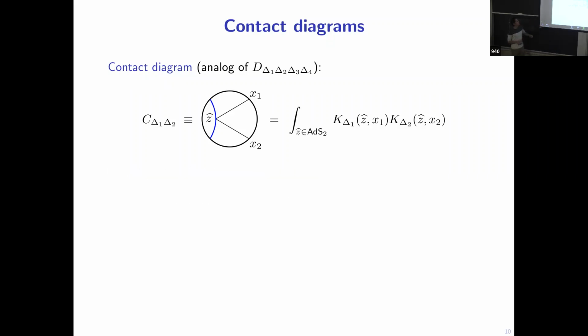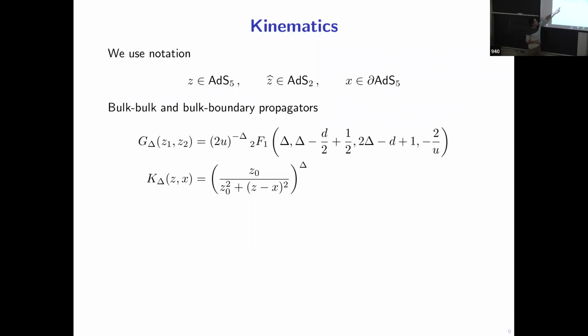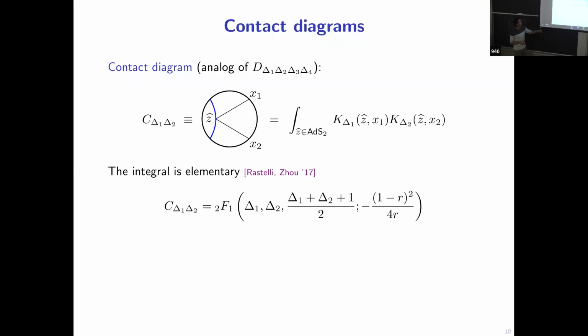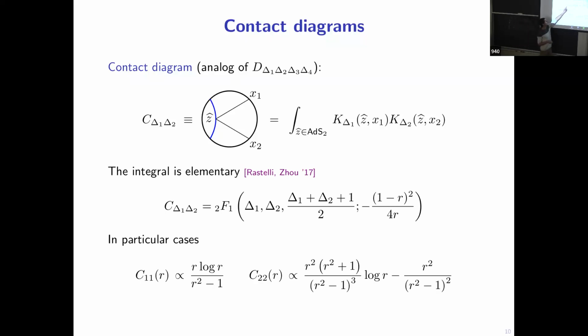Remember that this K is a very simple function, so you can just go ahead and compute it. It turns out to be some hypergeometric function. In particular cases, when delta 1 and delta 2 are integer, this just reduces to some logarithms and some rational functions.